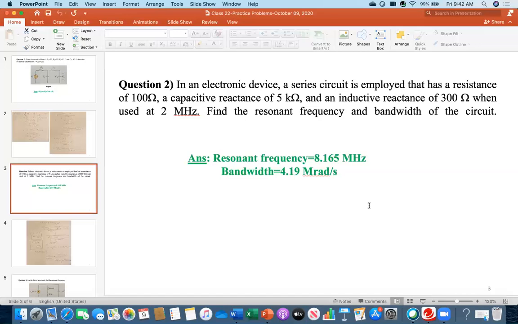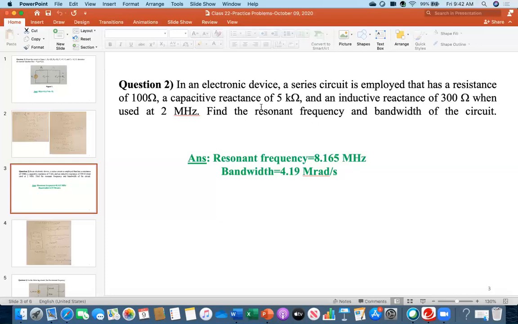Everybody see your notes, or open the previous class lecture. This is for series resonance. See the resonant frequency and bandwidth. Look at the bandwidth equation for that series circuit. The circuit parameters are given, but resistance is fine.